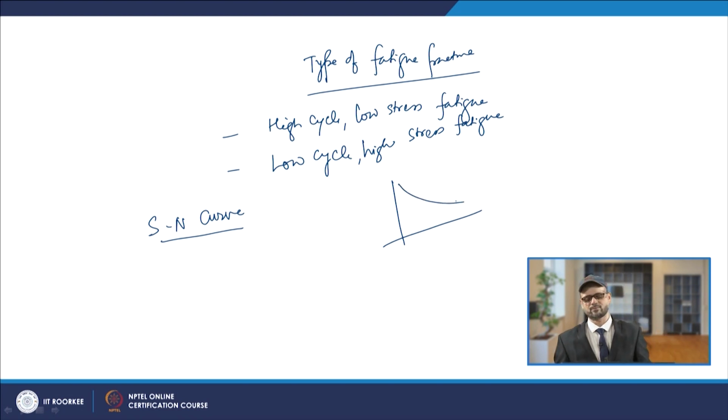So, this type of curve is there. This will be your S, and this is your N. S is the nominal maximum stress to which the material is subjected, and N is the number of cycles. Then accordingly we have this plot, and we see that this line will go on asymptotically.